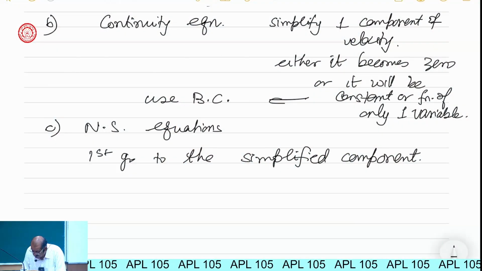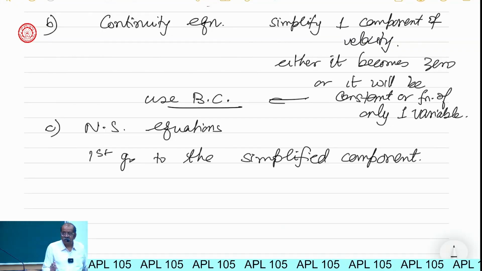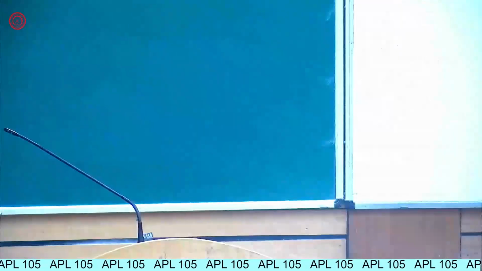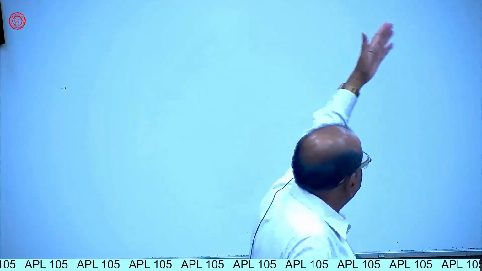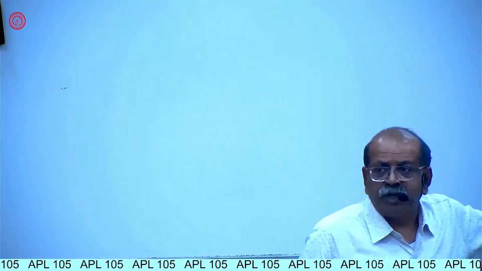Now, here, of course, you will also have to use the boundary condition. In continuity equation also, you will need to use the boundary condition. And then you go to the simplify. You can do it the other way also, but then you'll have to leave the problem midway and get some inferences from this component.